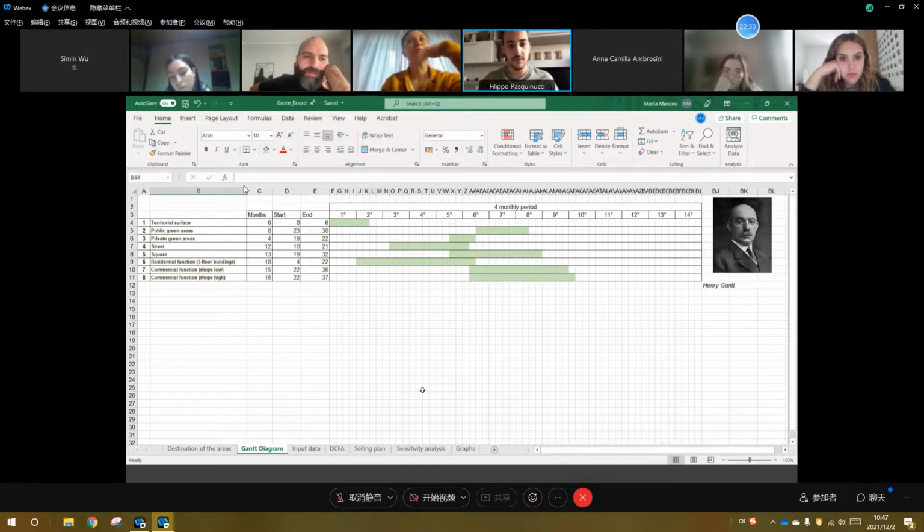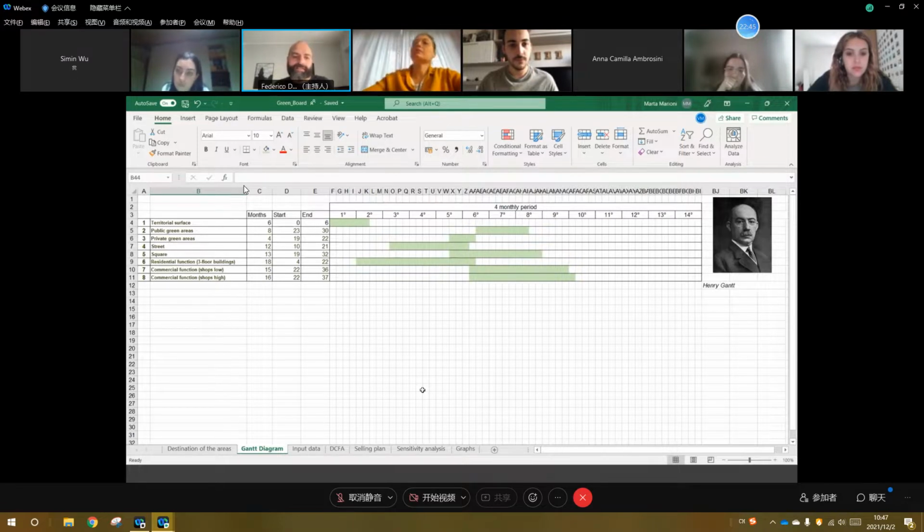Okay. The important thing is that you don't take the exact period present in the price list, because it is unthinkable that a lot of workers work at the same time for the same development. Okay. No, all of them have been a little bit increased, but not doubled or something like that. Okay.